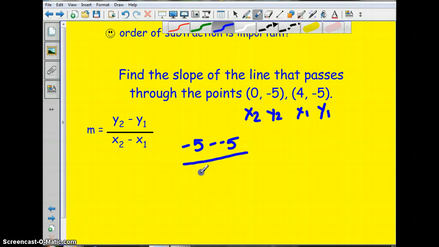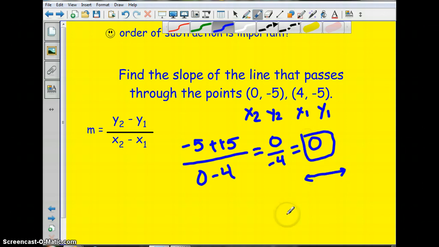And then we have 0 minus 4. So we have a negative 5 plus 5, because minus a negative is a positive, so that's going to be 0 over a negative 4. Well, 0 divided by anything is just going to be a 0, so we have a 0 slope. Do you guys remember from the last video what a 0 slope looks like? It's a horizontal line. So anytime you have a zero slope, you're going to have a horizontal line.